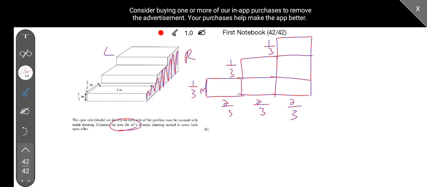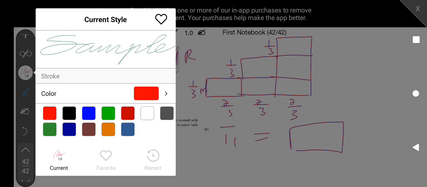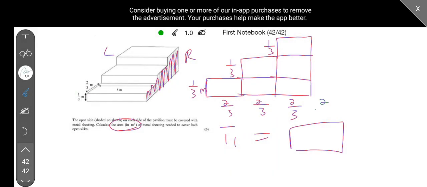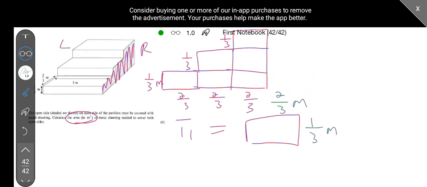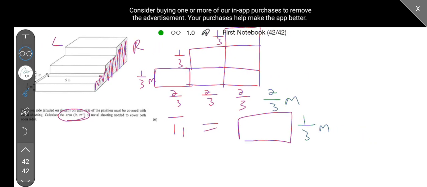So we're going to say that term number 1 will be the area of the side of the first step, which has 2/3 meters, and there it has 1/3 meters. So the area here is going to be 1/3 multiplied by 2/3. That's the area of a rectangle.